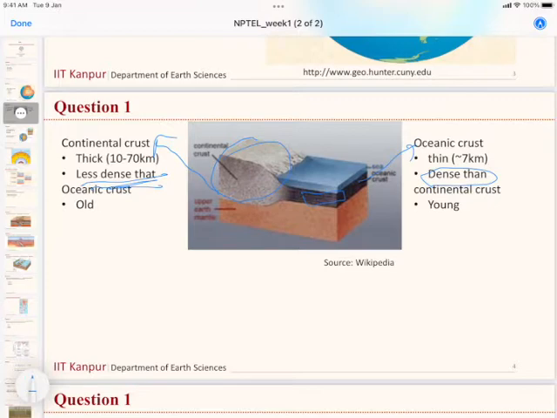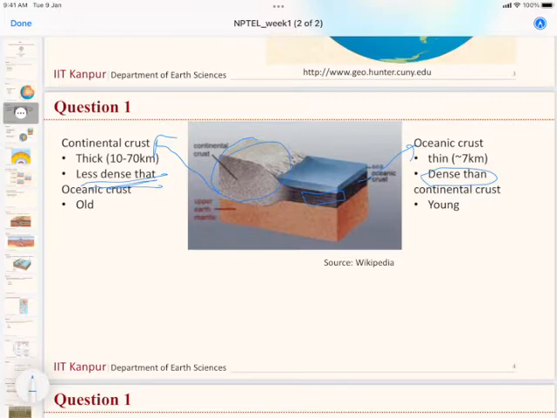So, I'm sharing my screen again. I hope it is visible to all of you. Is it?